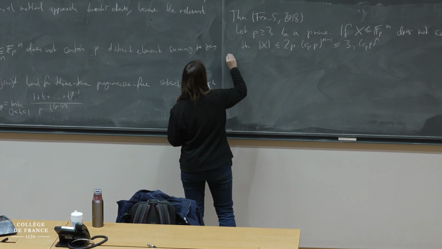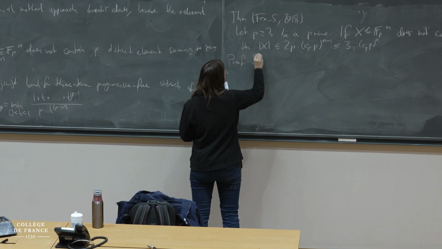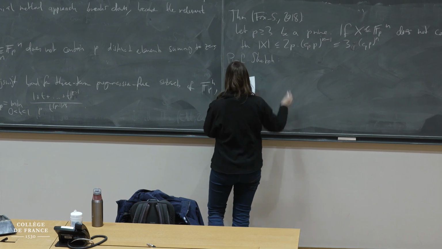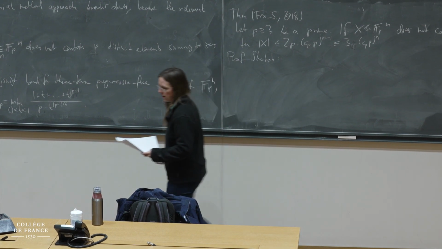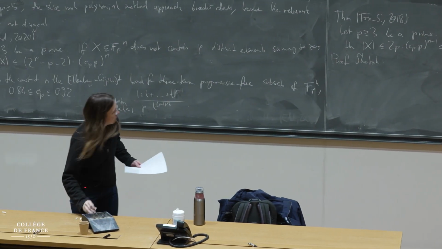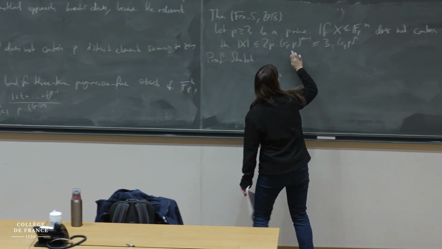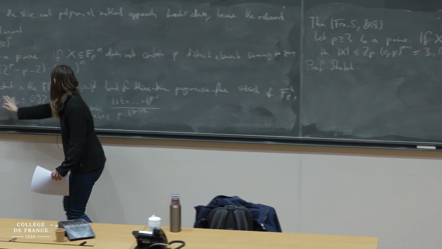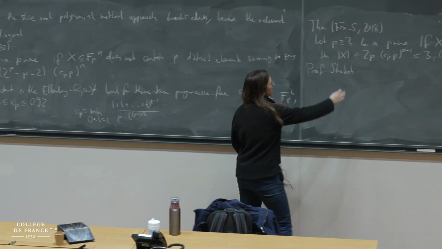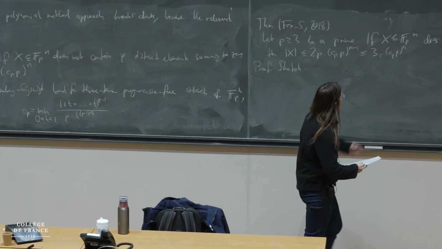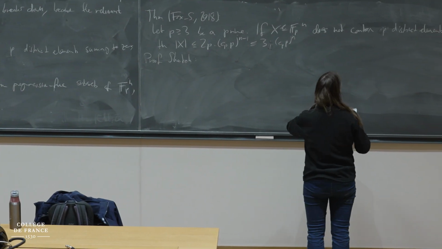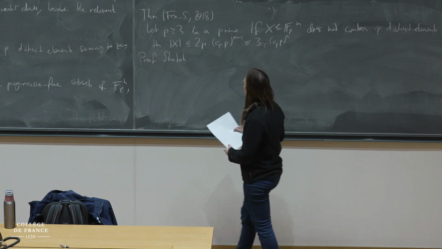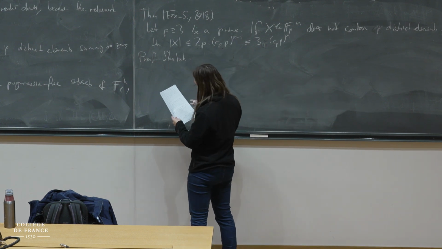Okay, so here is the proof sketch. The second inequality is easy to check. It just has to do with the fact that C_p has that size. So we have to prove that first inequality. We have to show that if X is a subset of F_p to the n without p distinct elements summing to 0, then X has at most that size.